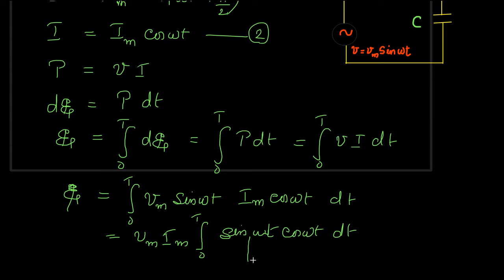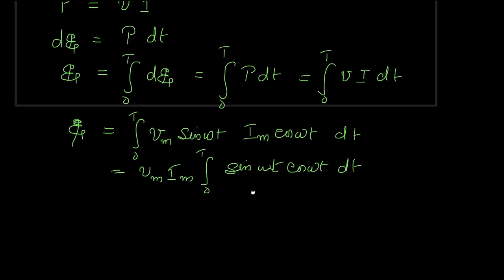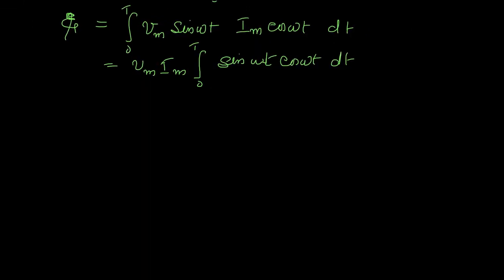And sin omega t cos omega t is equal to sin 2 omega t by 2. So E equal to Vm Im integration from 0 to t sin 2 omega t by 2 into dt. We know the integration of sin 2 omega t over a complete cycle is 0.